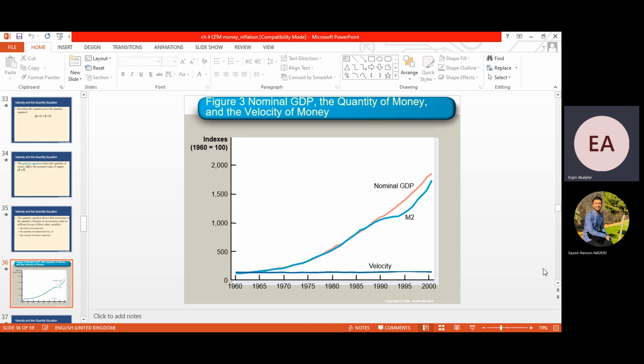But the amount of money in the system is dependent on the produced goods and services, and it has this similar curve, as you are observing on this graphic, between the 60s and 2000.